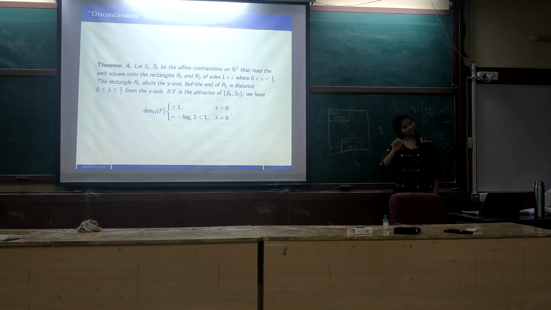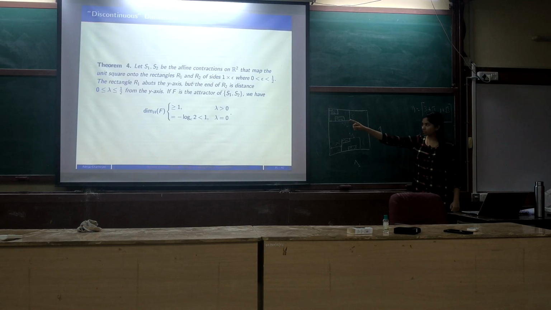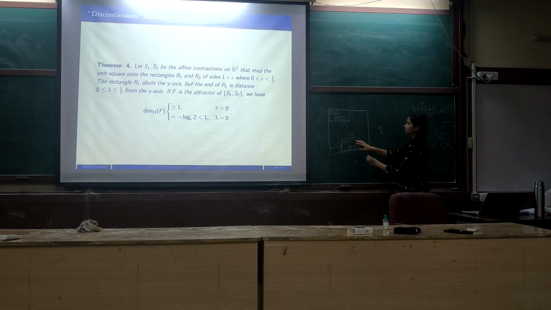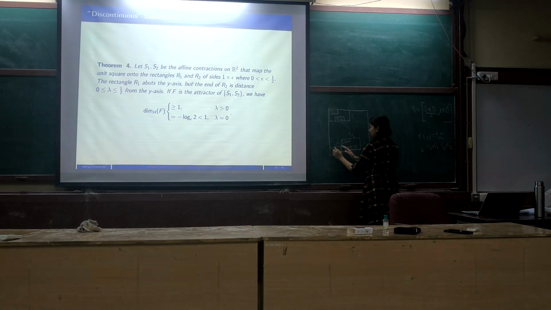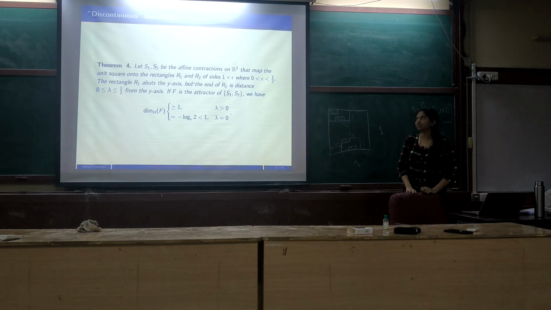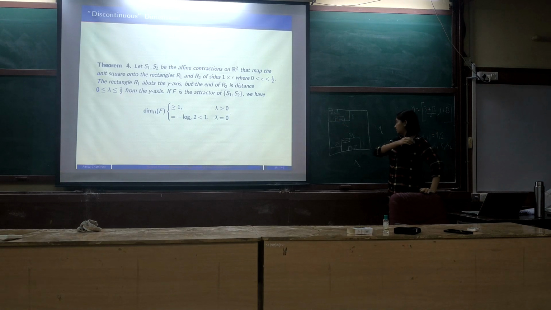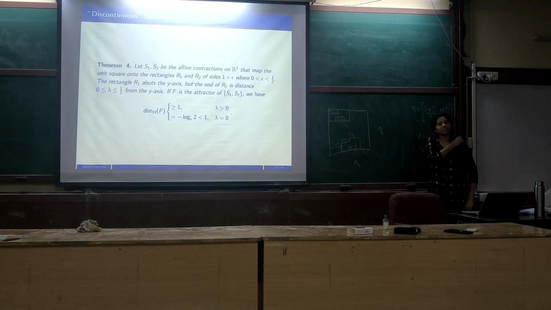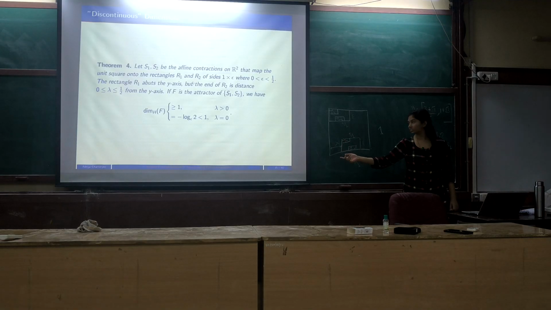So it is not a continuous function of lambda, given that when lambda is greater than 0, the dimension of this set is always going to be greater than or equal to 1. As soon as this entire thing shifts here, the dimension is going to be less than 1. So this is the problem we face with affine transformations when we try to generalize our contracting similarities into these affine contractions. There is no proper way to compute these dimensions, and it is often just discontinuous.